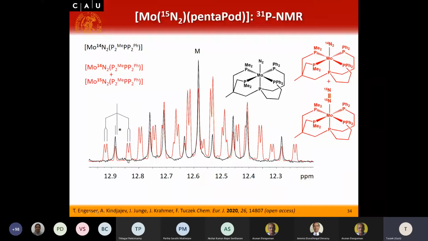Here you see the 15N spectrum, and remarkably, every peak is split by a coupling of an alpha with this phosphorus, and here you see the additional splitting by coupling of this phosphorus with N-beta.